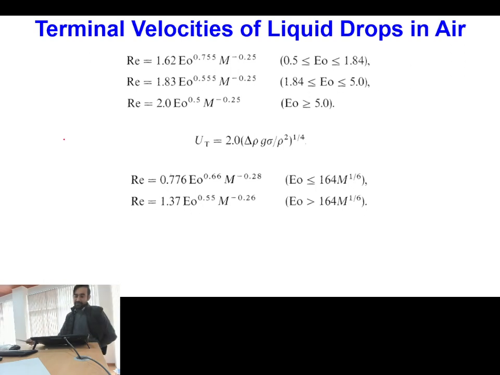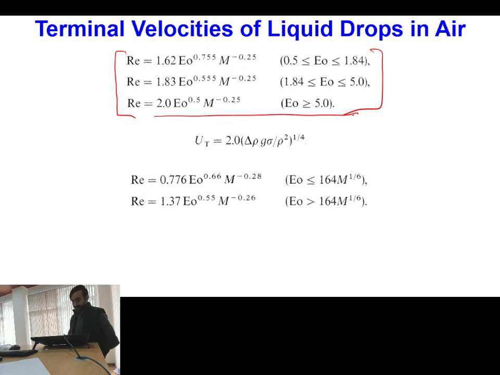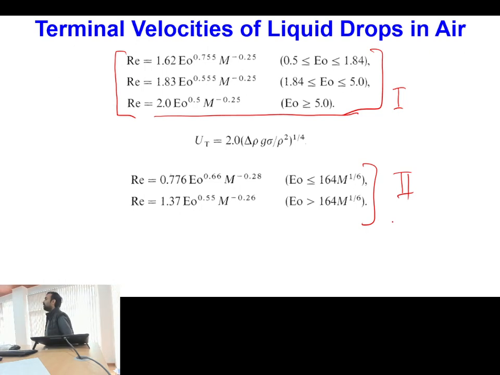For liquid drops in air, you can see this series of equations, fitted based on experimental or simulation data, and with the help of these equations you can calculate the terminal velocity. This is one set of equations and this is another set. You can use any of these equations. These are all empirical correlations obtained by data fitting.